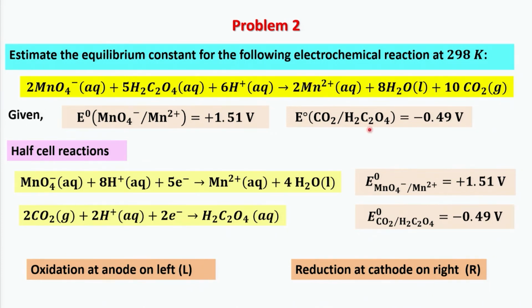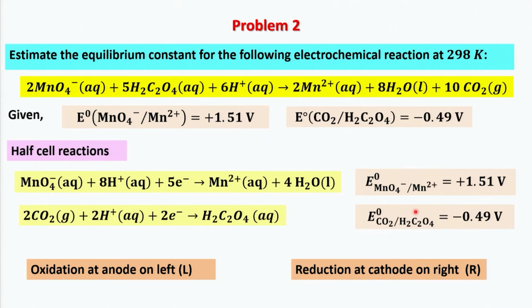So, this couple has a much higher standard reduction potential, and therefore is more likely to undergo the reduction reaction. And this has a much lower standard reduction potential, therefore it is less likely, compared to this pair, to undergo the reduction reaction.